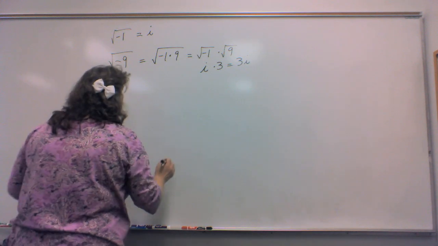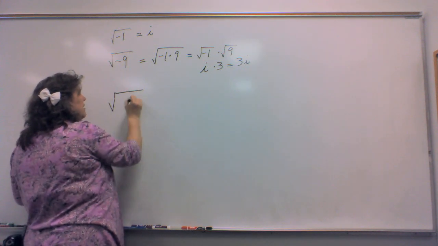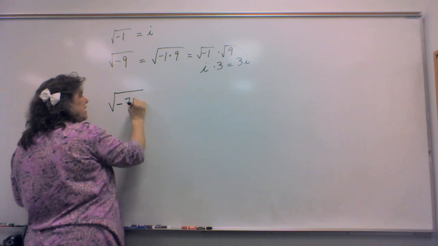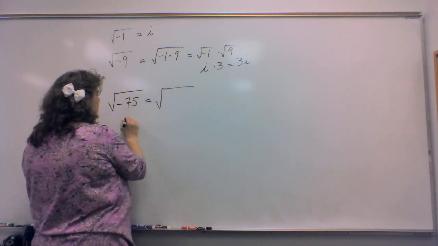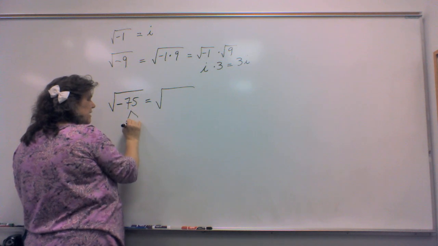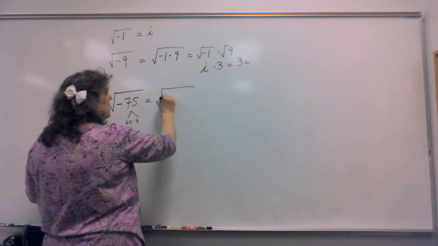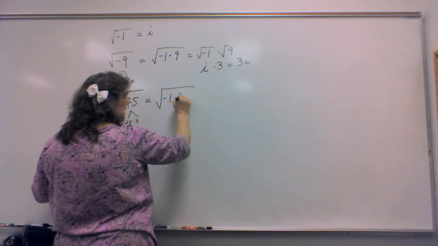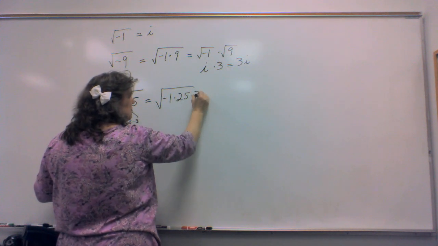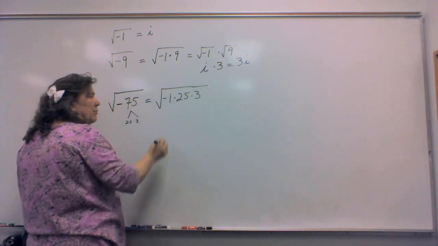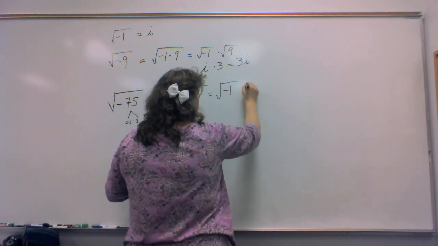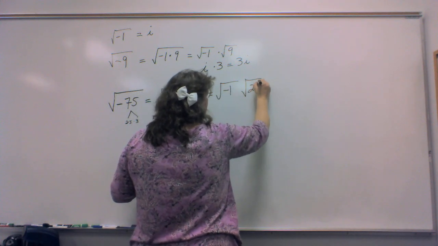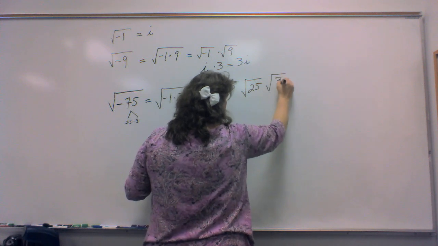For example, the square root of -75. This is equal to the square root of -1 times 25 times 3. Break this up into the square root of -1 times the square root of 25 times the square root of 3.